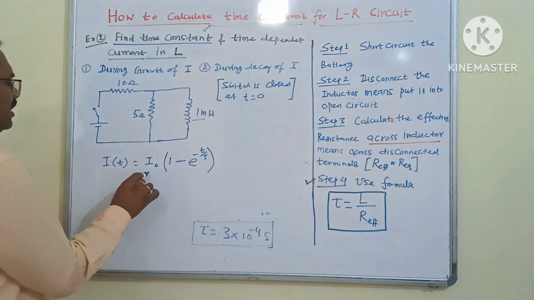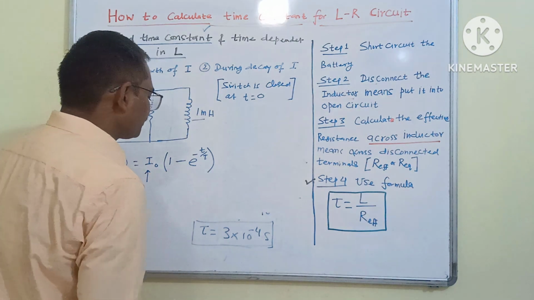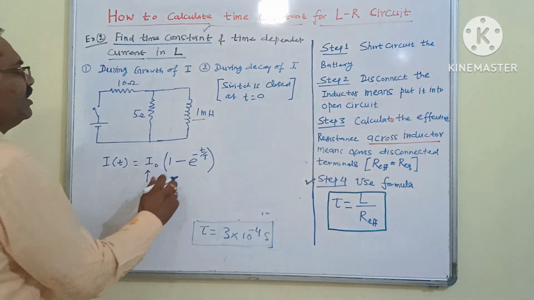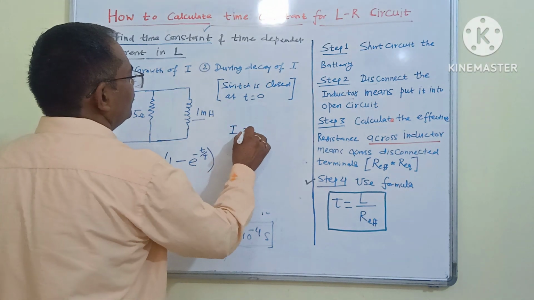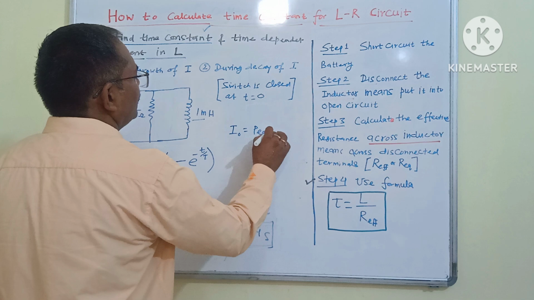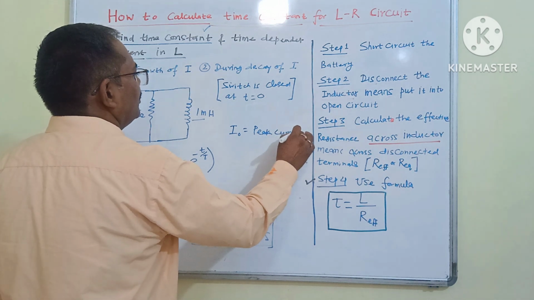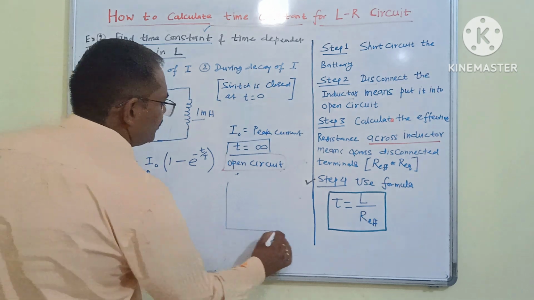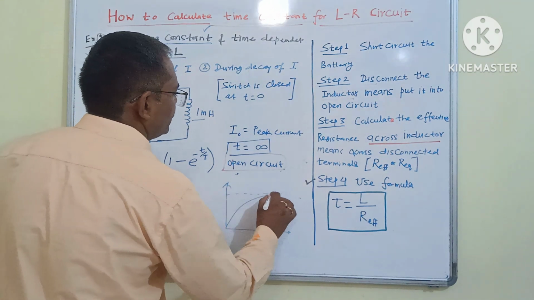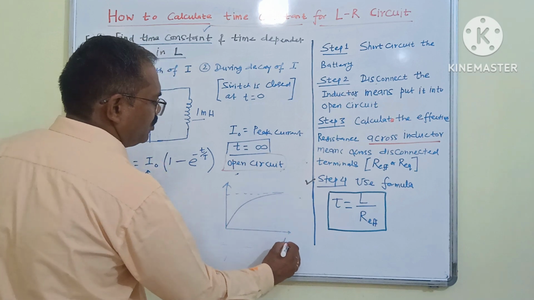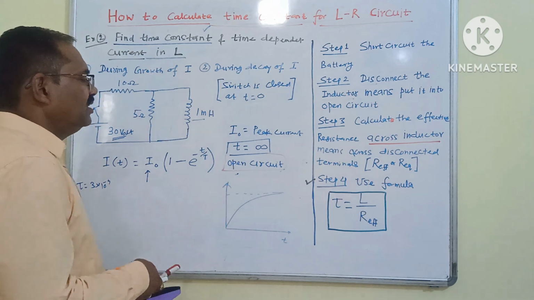Now we have to calculate I naught. For calculating I naught, which is actually peak current, we use this graph. I naught is the peak current that corresponds to very long time, or I can say t equals infinite.